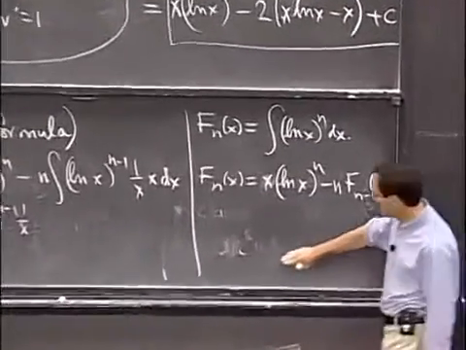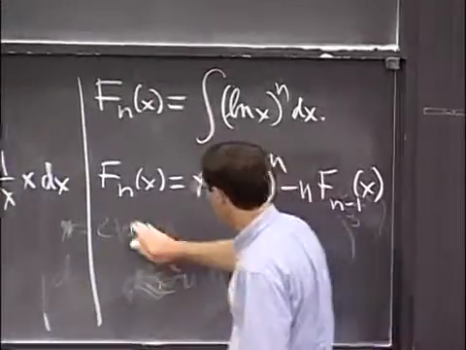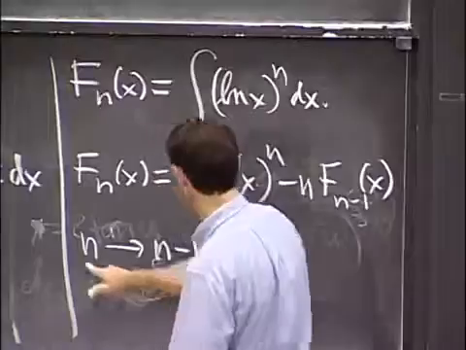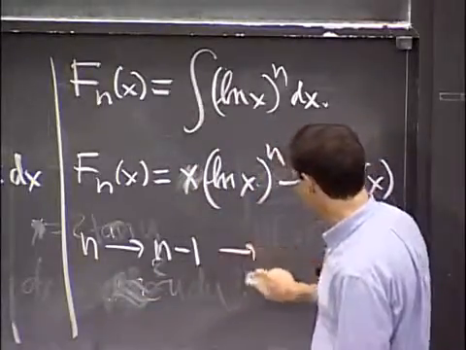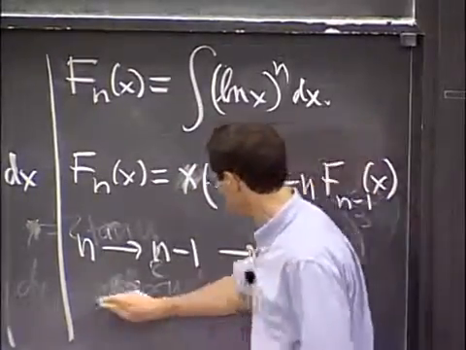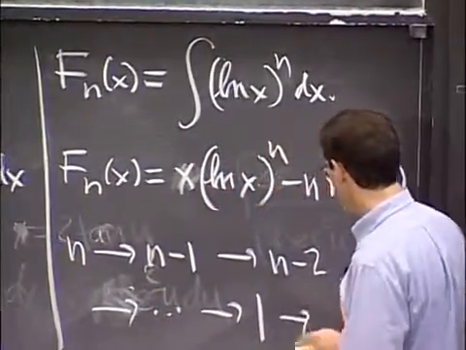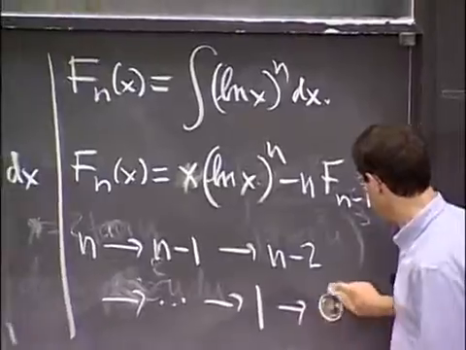And the idea is that eventually we can get down. If we start with the nth one, we have a formula so that the reduction is to the n minus first, then we can reduce to the n minus second, and so on, until we reduce to the first one, and then in fact we can even go down to the 0th one.